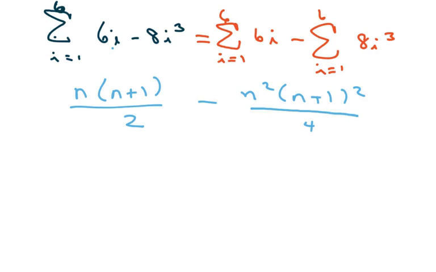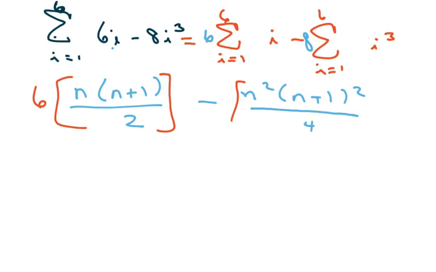To save room, I'm going to move the 6 in front and take it out here, and I'm also going to move the 8 in front and take it out here, because this matches my formulas better. Does that make sense? So this one's going to have a 6 in front of it, and this one's going to have the 8 in front of it.